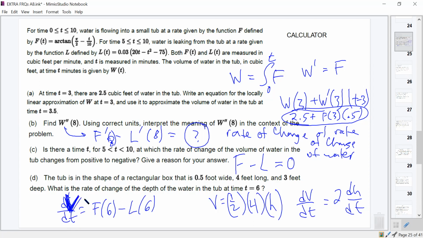Right, our change in the volume is f of 6 minus L of 6. So you'll plug that in, divide it by 2 to get your dH dt. Okay. F minus L is the rate of change of the volume of the water. Everybody good with that? And you just divide that, whatever f of 6 minus L of 6 is, divide it by 2. Good or no?